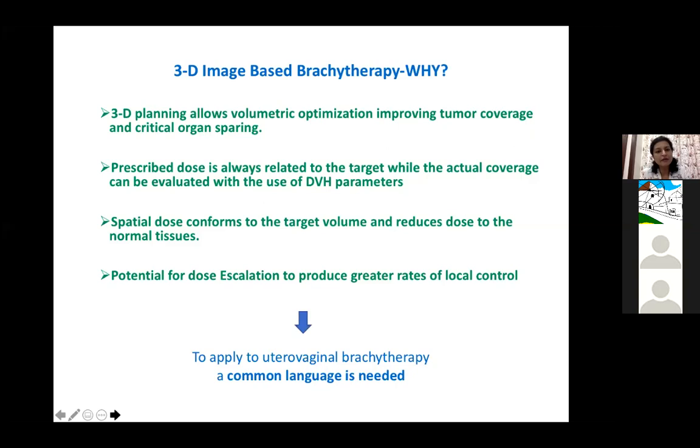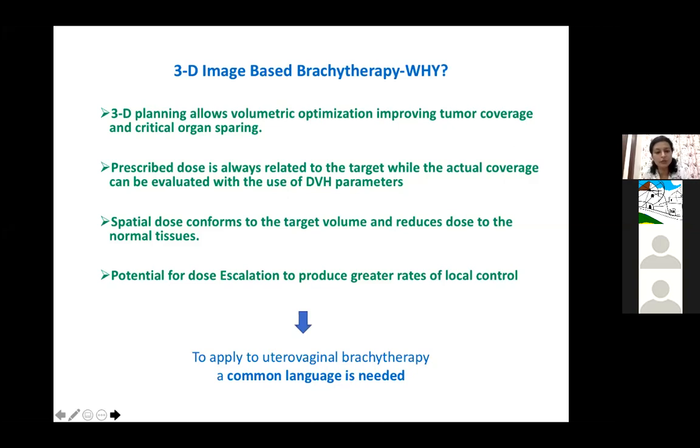Also, once we have spatial dose distribution visualization, the spatial dose conforms to the target volume, and of course, it reduces the dose to the normal tissues as well, because optimization is possible. And this gives us a potential for dose escalation and increasing the therapeutic window, producing greater local control rates with manageable or fewer toxicities.